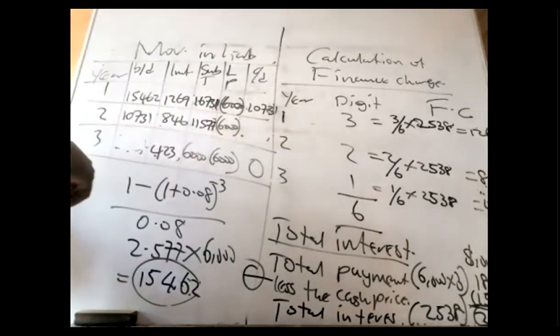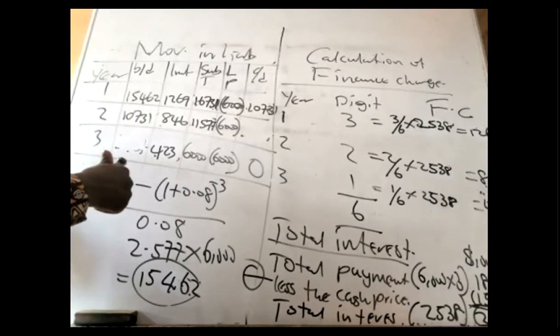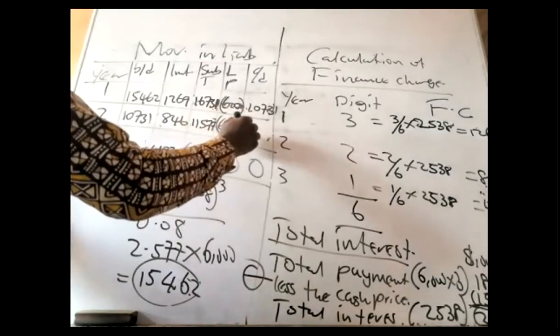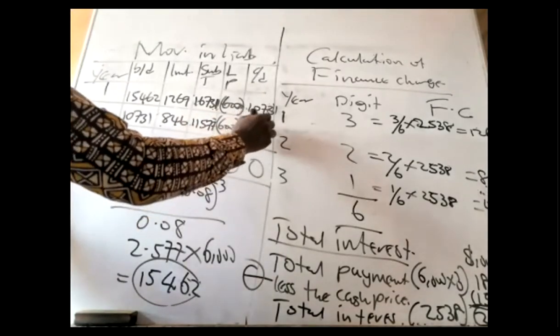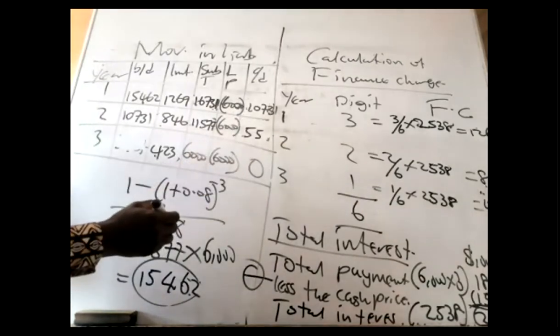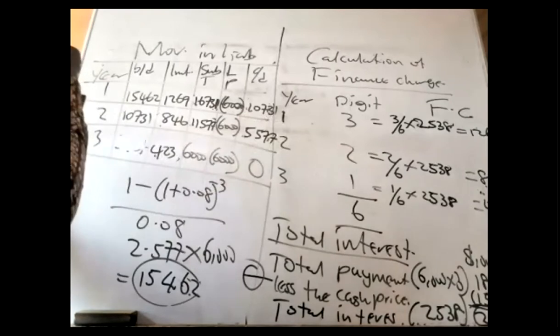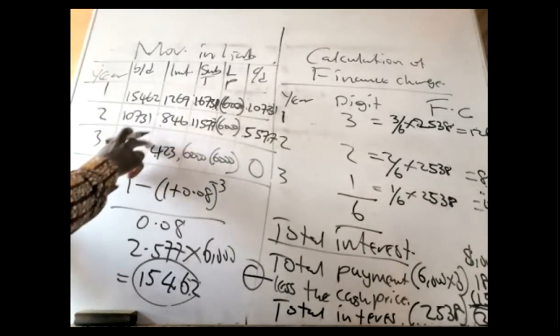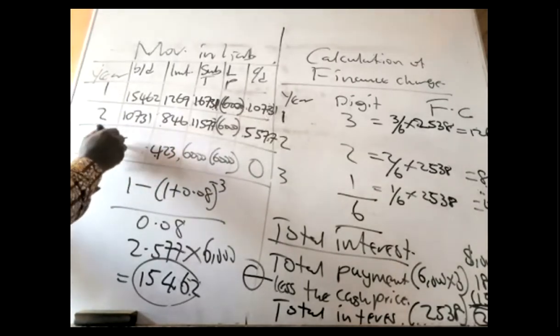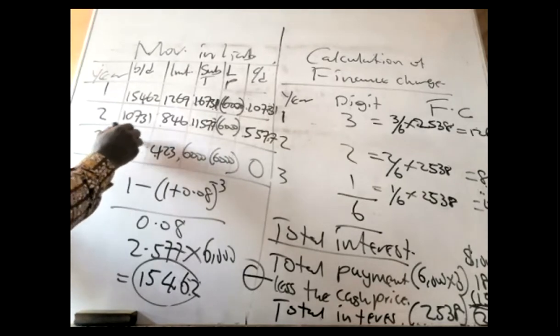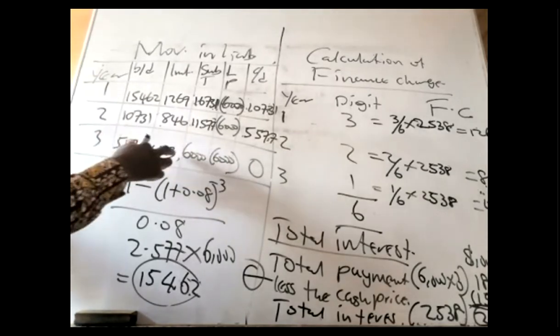11,577. You take 6,000 from it. You get 5,577. Now, if you are getting 5,000, come here, 5,577. Add this one to it, what do you get?